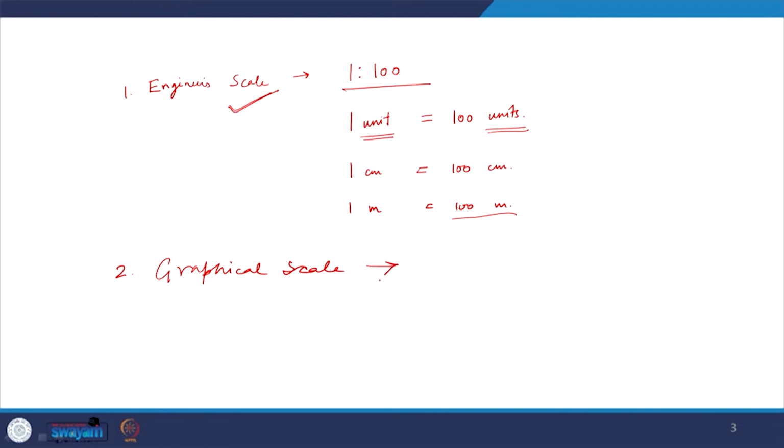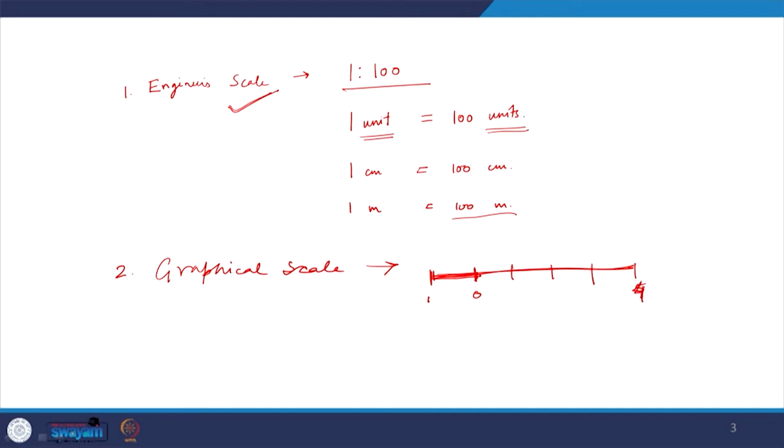Now graphical scale is where you draw that this particular unit, it could be 1 centimeter, 1 inch, this unit is equal to how many units. So that is what we would write. So if it is 0, maybe there are, say, 4.